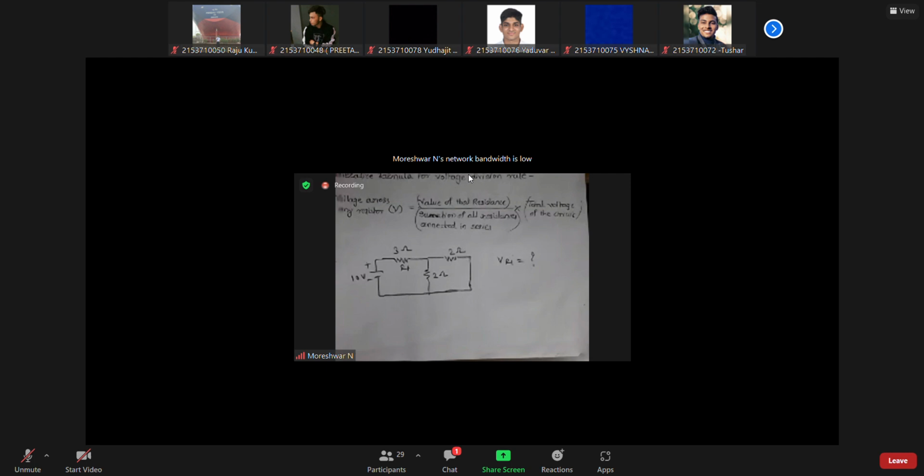No one is able to solve this kind of numerical. This is not much complicated. So anyway, I want to explain this thing, how we can solve this.